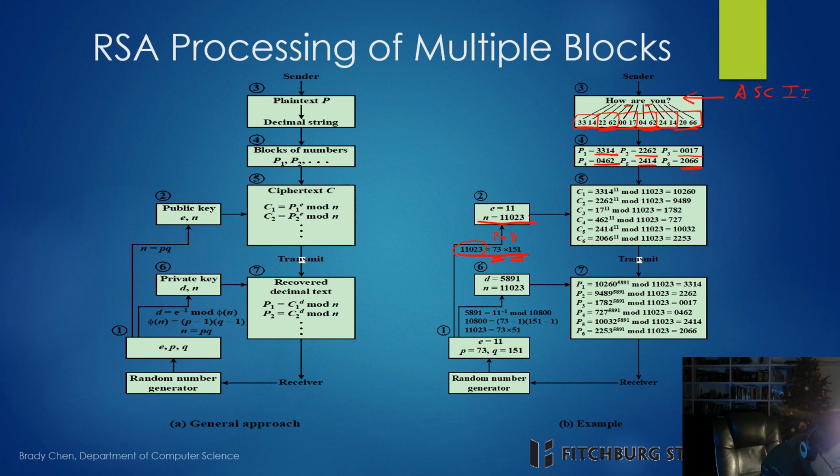So basically, the whole message is going to be split into 6 blocks. And each block is smaller than the value n, because n is 5 digits and each number is just 4 digits. So they're all smaller than n.